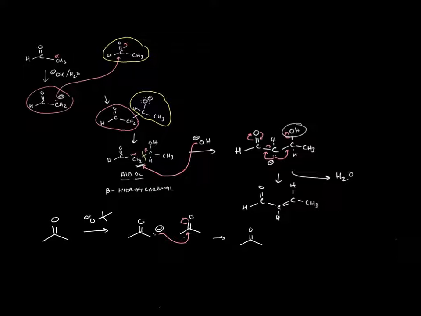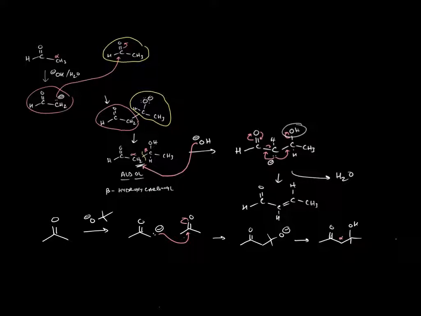That's my 3-carbon chunk. I would have another 3-carbon chunk and an O- there. That could get protonated, and that would form, I'll move things around a little bit, this beta hydroxycarbonyl, which would still have that alpha spot right there.